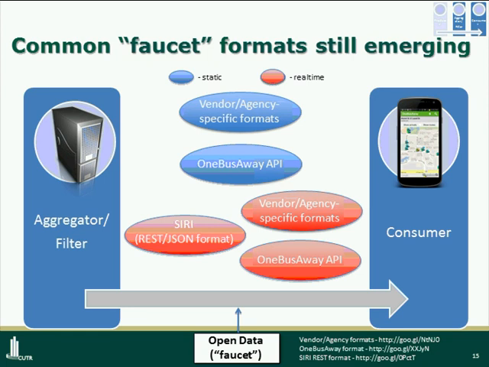These are a lot of the early adopters that wanted to share static information and real-time information as well, as you can see in the red balloon here. These are early adopters that wanted to share information, but there was really no widely accepted format to do that at the time. So these are either formats that the agency came up with in-house to share their data, or that a vendor implemented as part of a product.